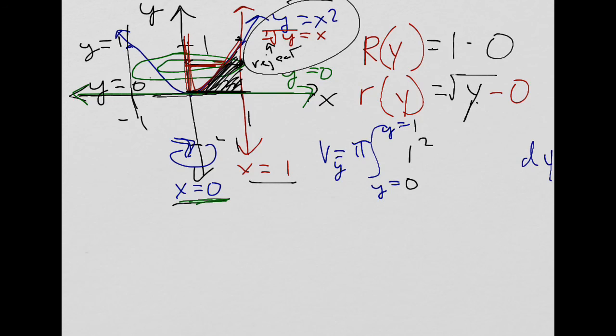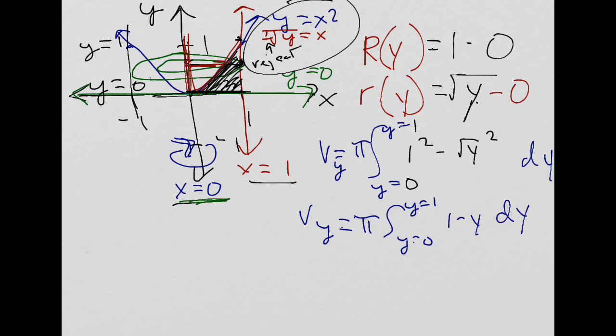Big R squared minus little r squared. And this actually becomes a little bit easier to solve than you probably thought before, because it's going to simplify very nicely. This is just 1 minus y, and so we can easily integrate that and plug in 1 and 0.